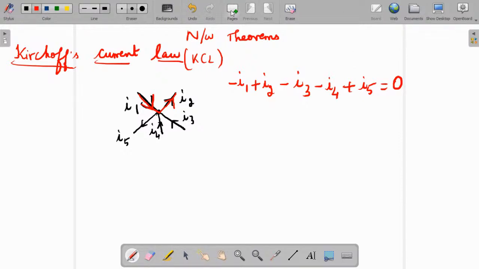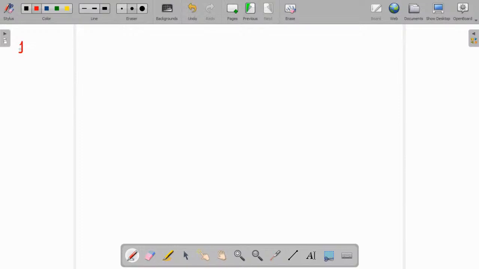Okay, next Kirchhoff's voltage law, which is KVL.